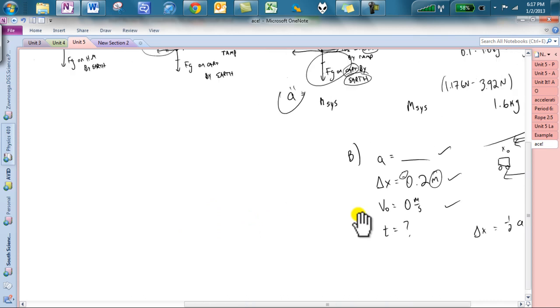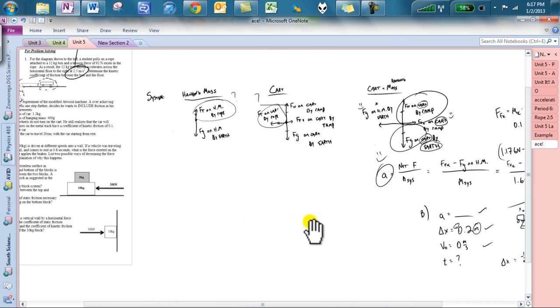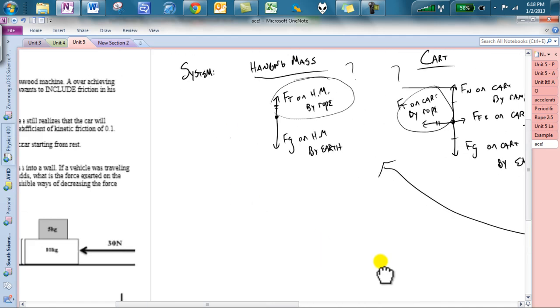And part C asks for the tension in the rope. Because now you know the acceleration, you can go back to either one of these situations and solve for the net force. So I'm just going to use the situation with the hanging mass.